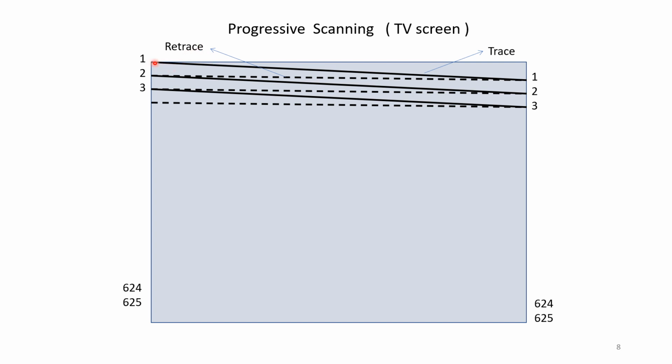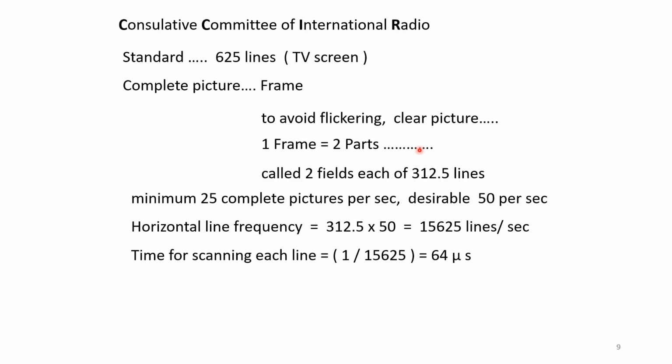This particular movement wherein we have the beam from left to right is what is known as the trace, and the movement from 1 to 2 in the negative direction, or let us say from right to left, is what is called the retrace. And this is how the phenomenon of scanning takes place.